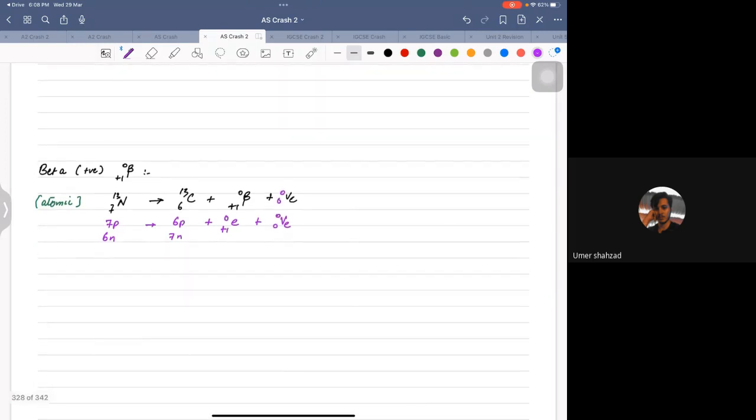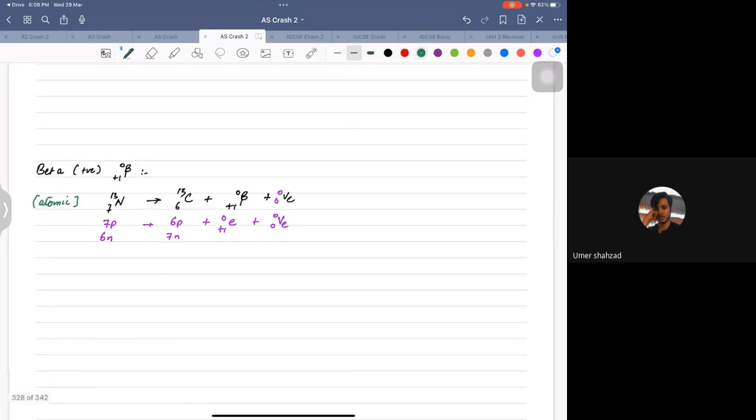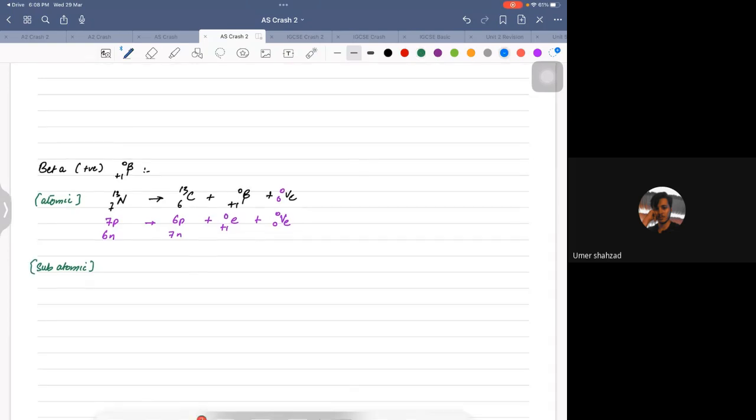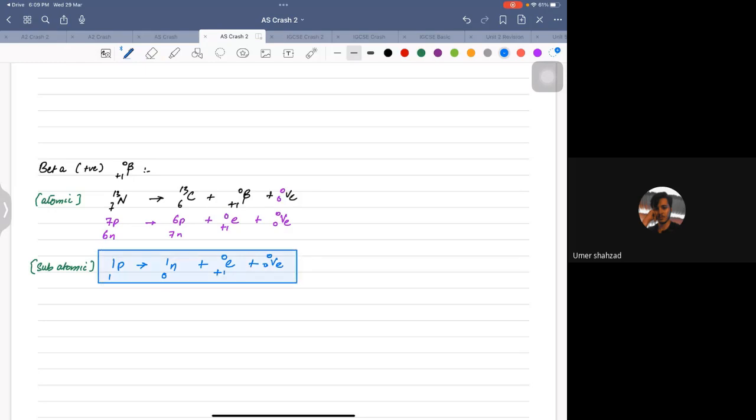So basically, at the subatomic level, it means that 1 proton has gone into 1 neutron plus a positron plus a normal neutrino. Is that clear, everyone? So this equation needs to be remembered. If you don't know how to do this, then just remember this. Then we're going to look at the fundamental equation.